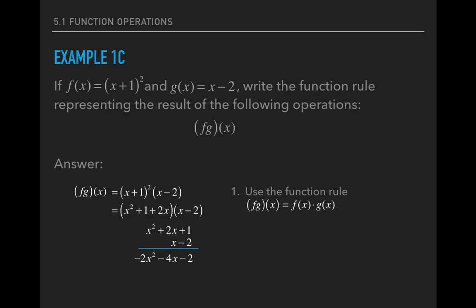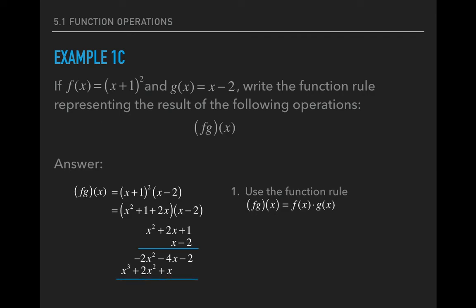Now we're going to move on to multiplying the next, which is the x times everything in that top part. So that would be x times 1, which is x, x times 2x, which is 2x squared, and x times x squared, which is x cubed.